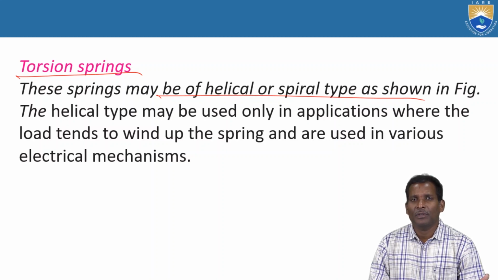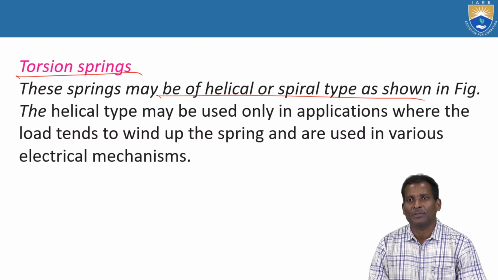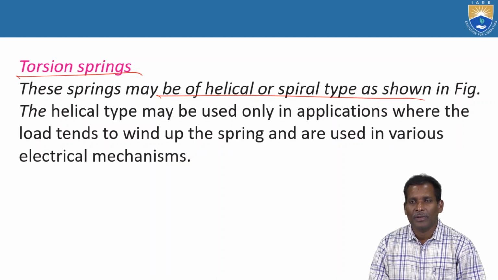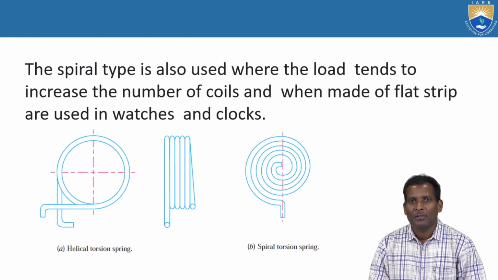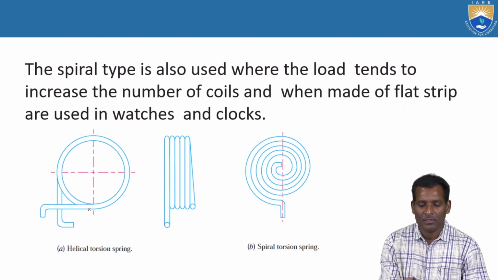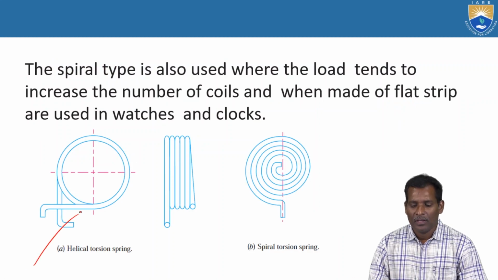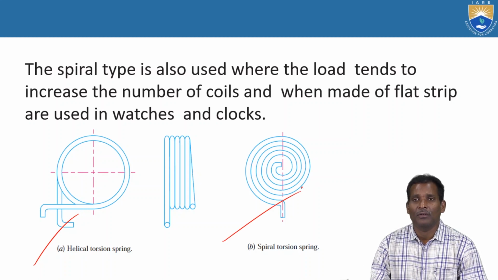The helical type may be used only in applications where the load tends to wind up the spring, and are used in various electrical mechanisms, or spiral type, wherever the load tends to wind up the spring. So like this, the helical torsion spring and spiral torsion spring are shown. Generally this type of mechanism is also used in watches.